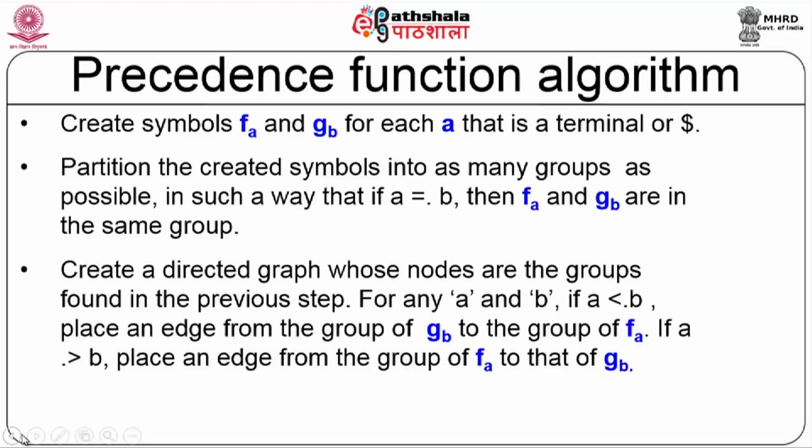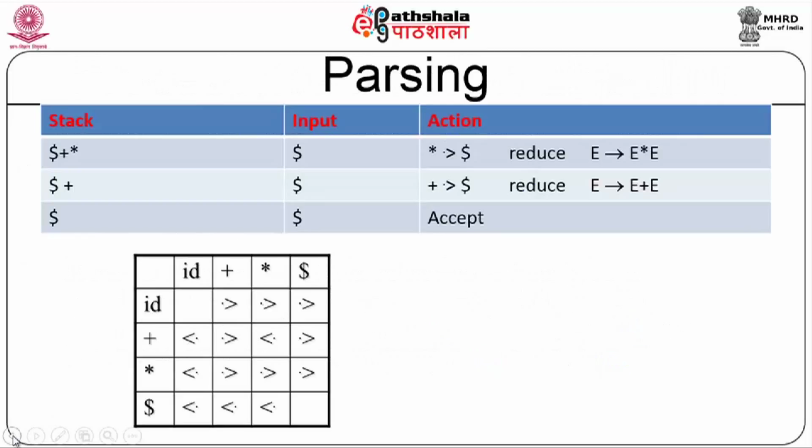Okay, and we already know the table of all relationships basically. So let us just look at the table for a moment before we actually get into it. So id is greater than plus, greater than star and greater than dollar. So let us just look at this particular example alone. id is greater than plus, id is greater than star and id is greater than dollar.